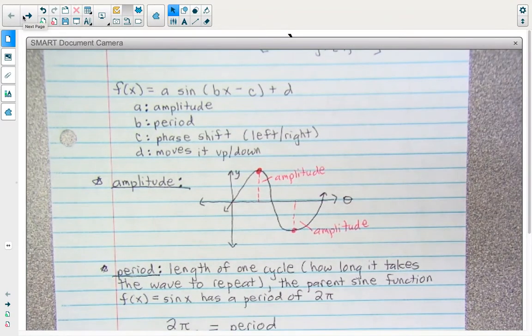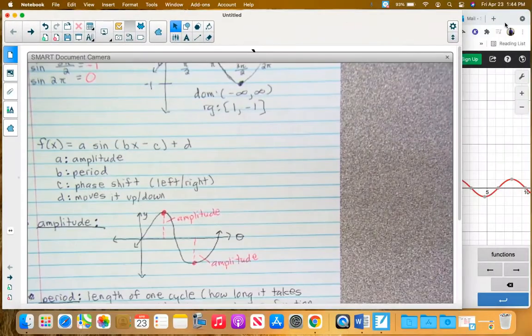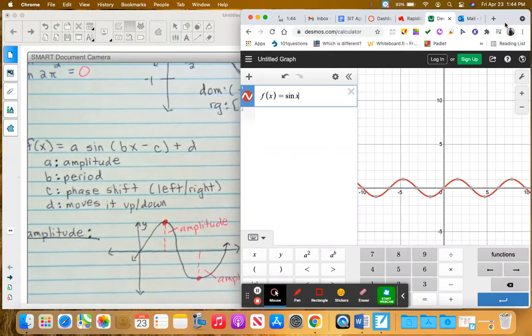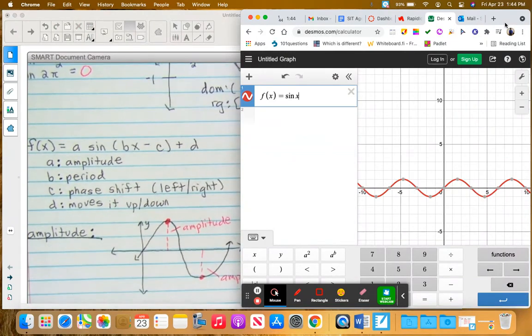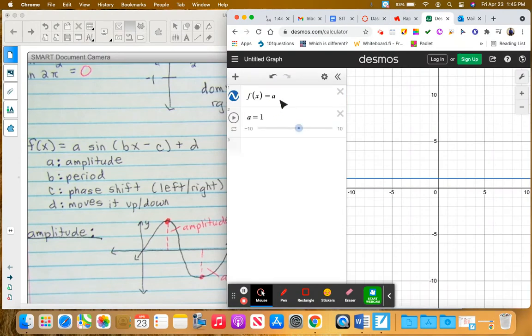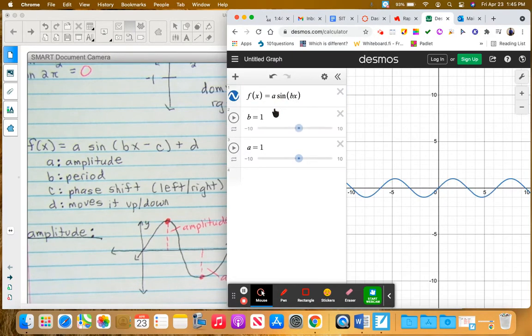Before we get into some problems, let me pull up Desmos. We're going to do some sliders on Desmos, and you can follow along as well, so that we can see what each number is going to do. I'm going to add this A slider, and that's going to be sine X. Each time you add a new variable, you can add a slider.